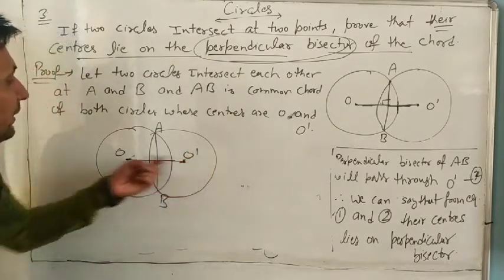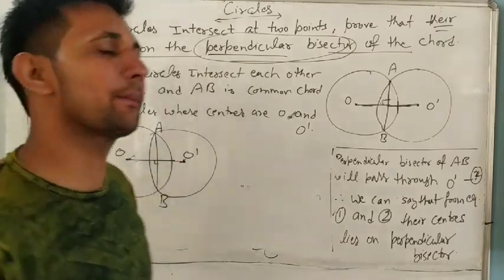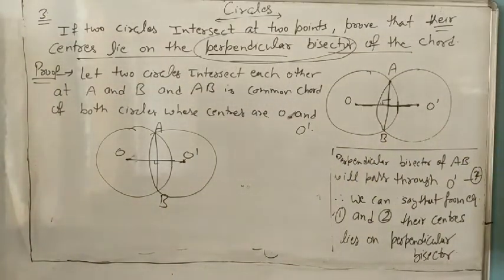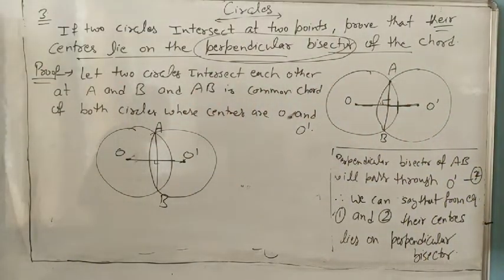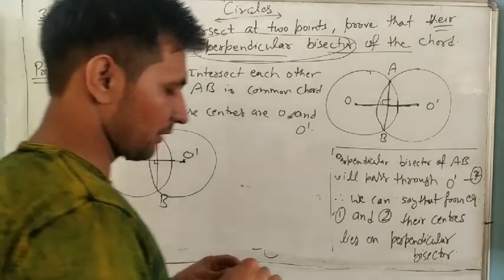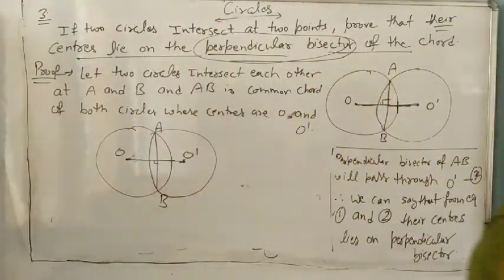It means both centers lie on their perpendicular bisector. So our 10.3 is also finished. In the next class we will start 10.4, and 10.5 remains. Understand it? So thank you everyone. Have a nice day.